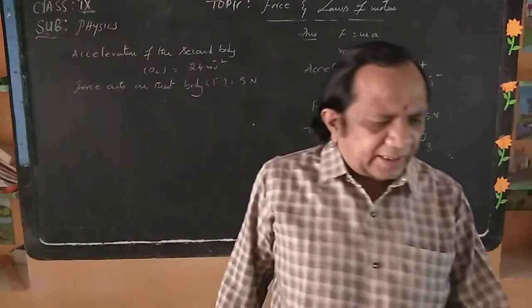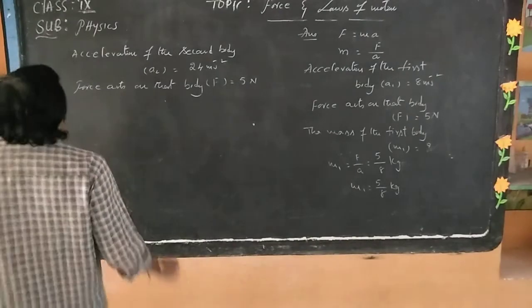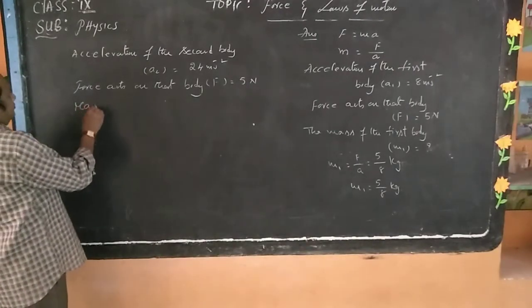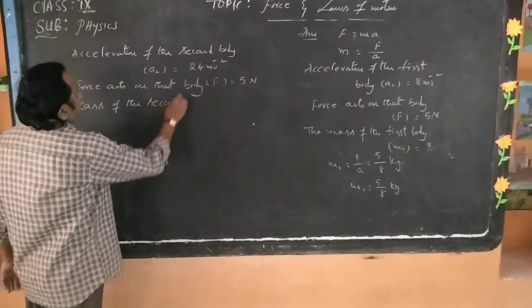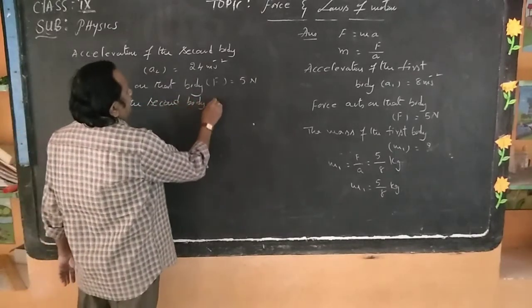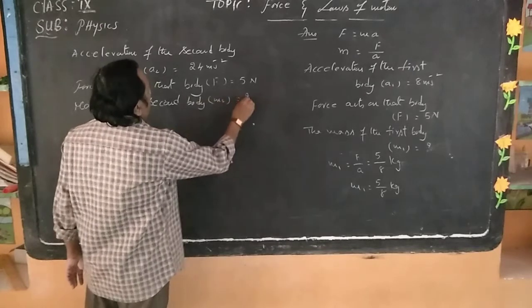Now, the mass of the second body, m2 is equal to how much?